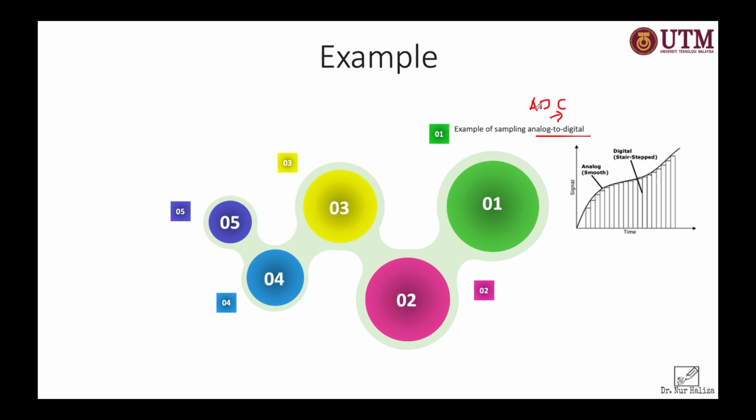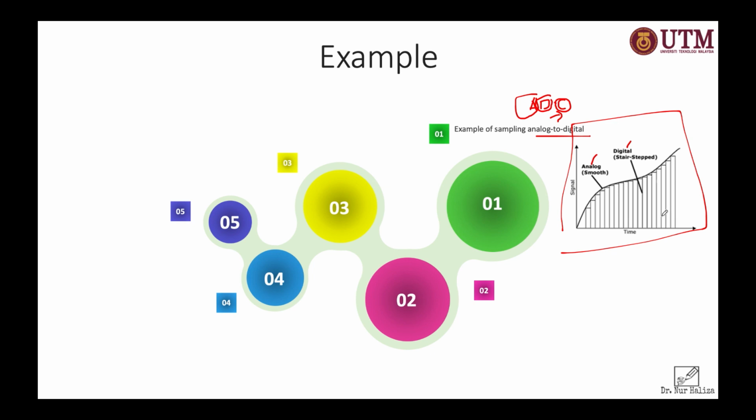Later on you will learn about A for analog, D for digital, and C for converter, analog-to-digital converter. So here in the graph you have the analog and also digital in one signal.